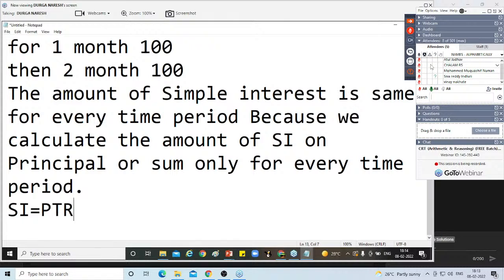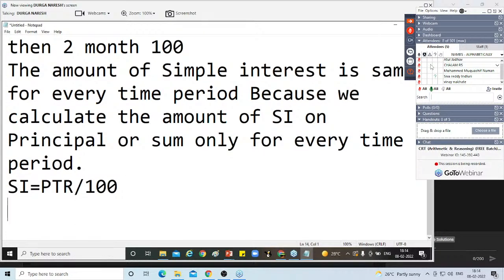Write down. As we know, SI is equal to PTR by 100, everyone knows the formula, but it does not indicate that we are perfect in simple interest problems. We need to understand how to use that formula. SI is equal to PTR by 100. From that, amount is equal to P plus SI.